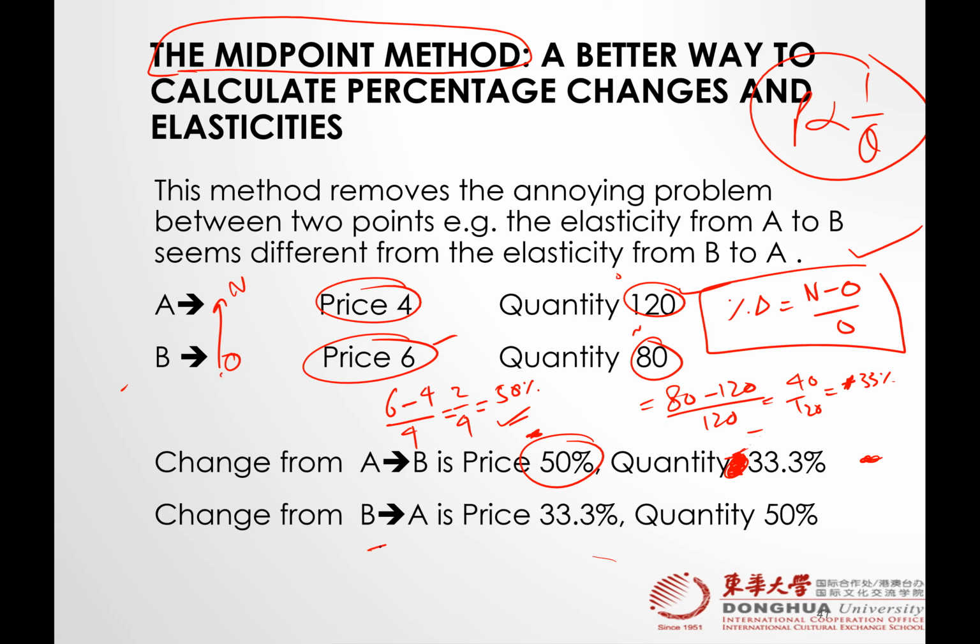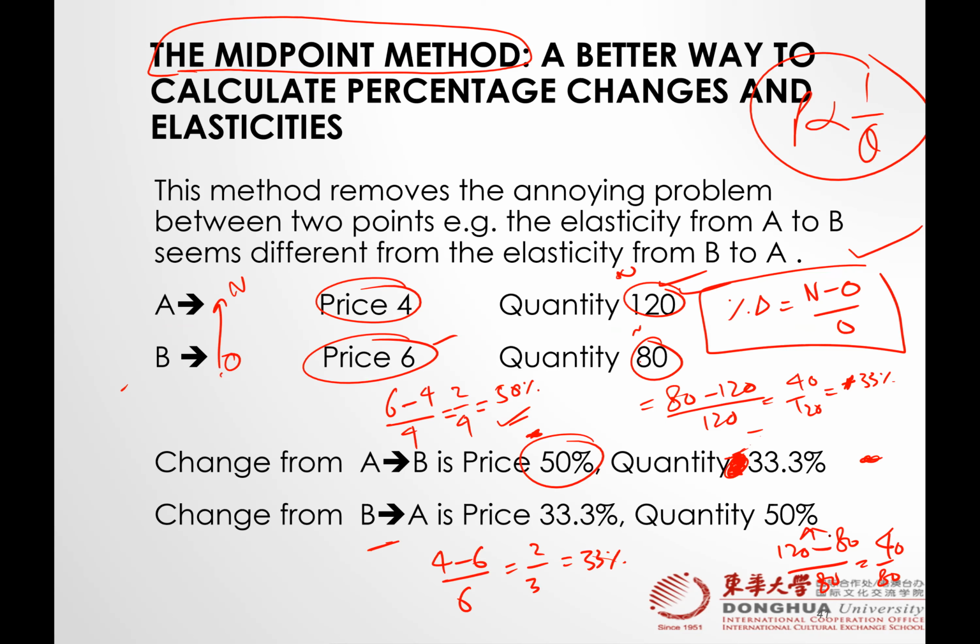If we want to find out the change in price, so 4 minus 6 divided by 6, the answer would be 2 by 3, it is 33%, or minus 33%. I just explained the reason. And if we go from point B to A, new is 120, old is 80. You see 40 by 80, the answer would be 50%, right?